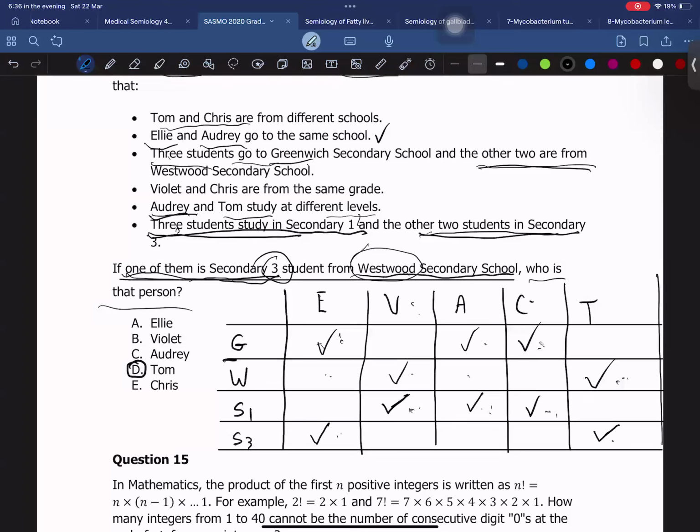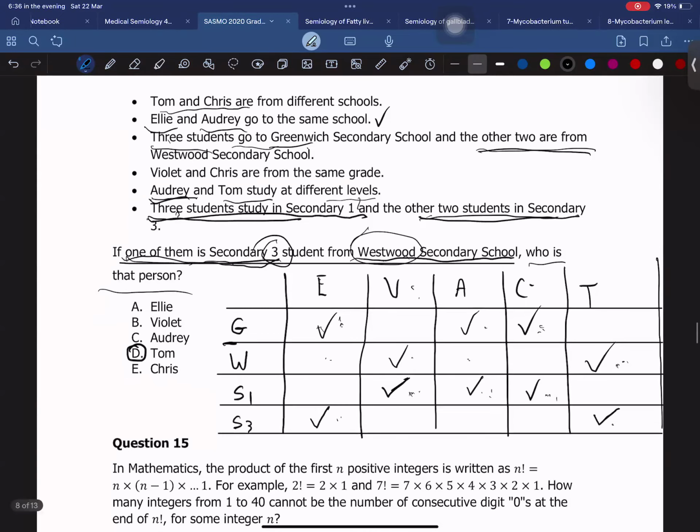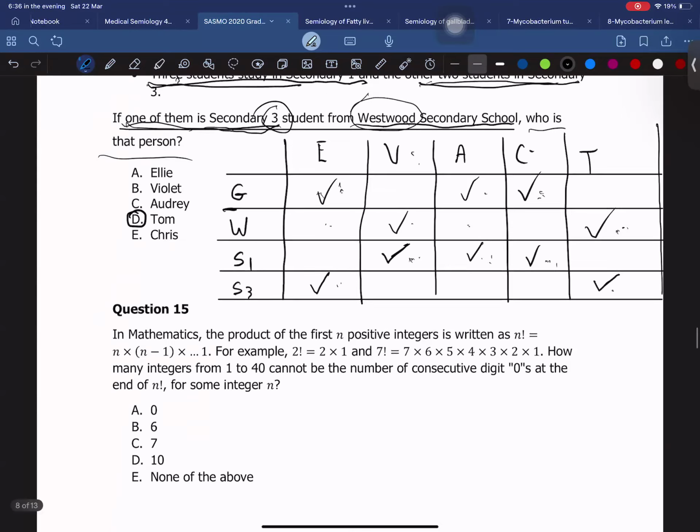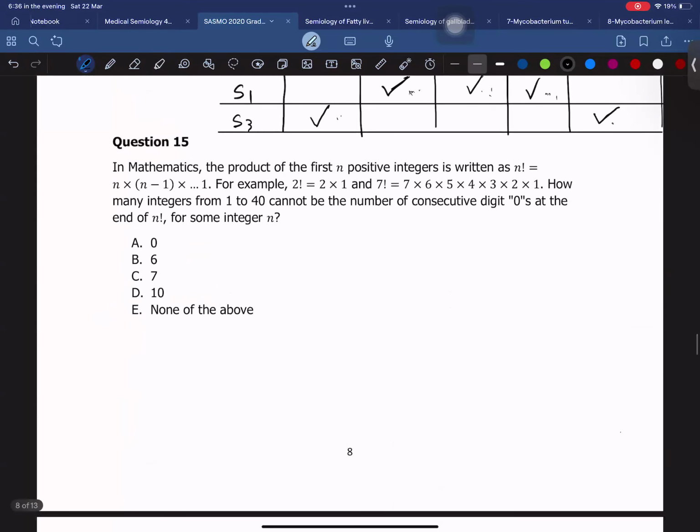Oh yeah, did I tell you guys about my background in the first week? I used to be the gold medalist in SASMO, AMO and CMOC. Okay guys, as I can see, you are keen to learn with me, so I'm going to go through to question 15.